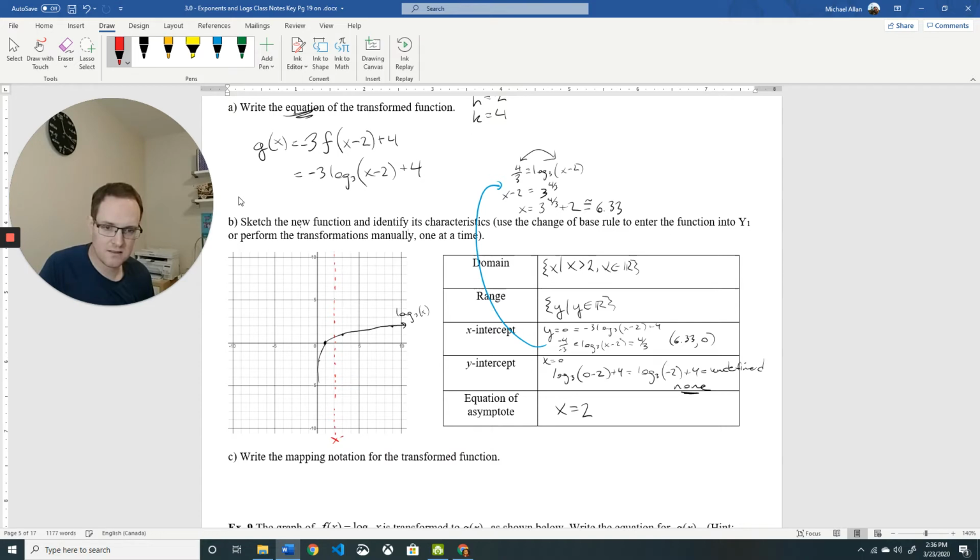So there's my x is equal to 2 line. We have an x-intercept of 6.330, somewhere right about here. I really don't have too much more about this graph, apart from the fact that it moved up 4 units. Yeah, that's pretty much all I have on this graph here.